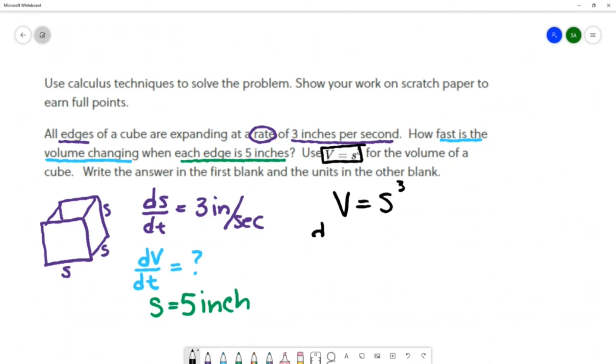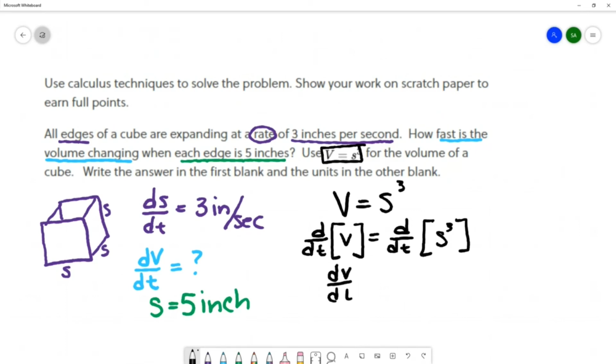To do that, we calculate the derivative with respect to time on both sides of the equation. So that's the derivative with respect to time on volume and the derivative with respect to time on the side cubed. So the derivative with respect to time of volume is dV dt, the rate of change of the volume, and then the derivative with respect to time on S cubed.